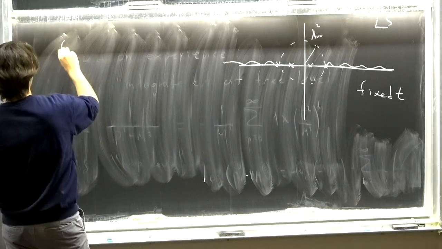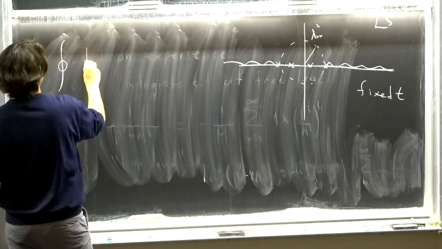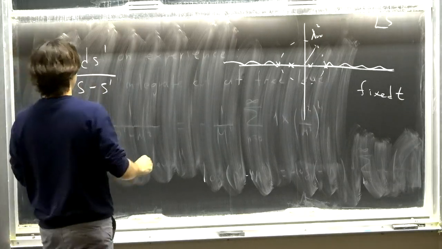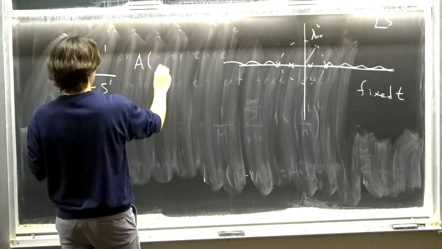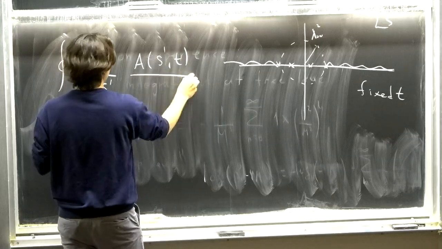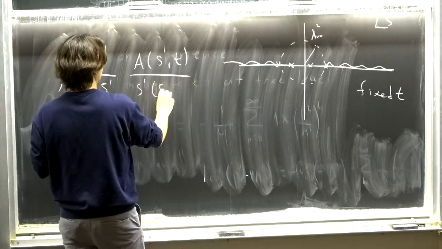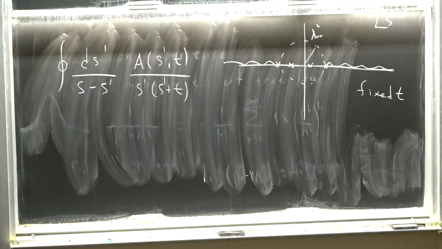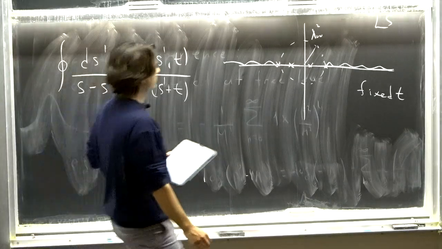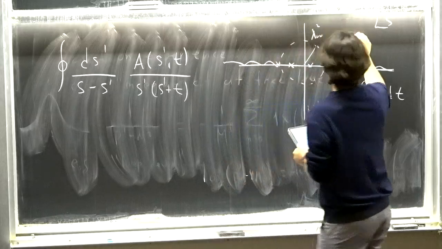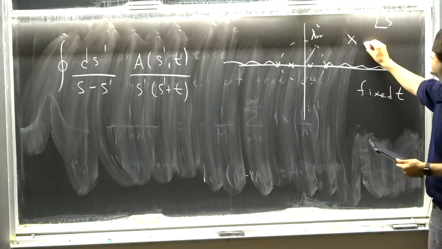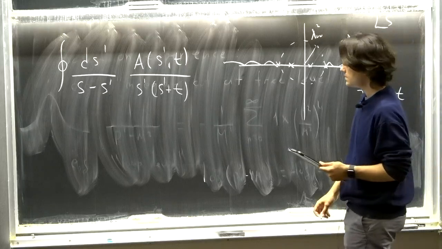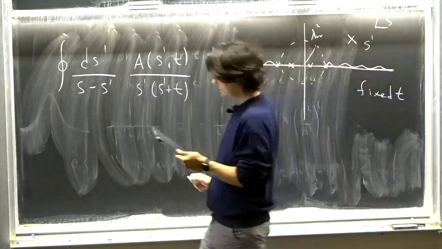And let me write the following contour integral. S prime, S minus S prime, A of S prime, T. Okay, this might seem a bit mysterious. So this S prime, I can just put this pole somewhere here, right? So this is S prime equals S. Actually, let me write it the other way around.